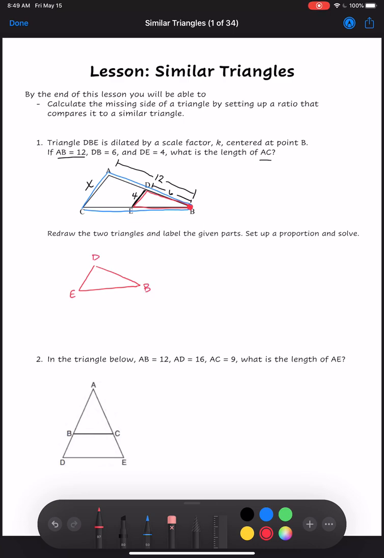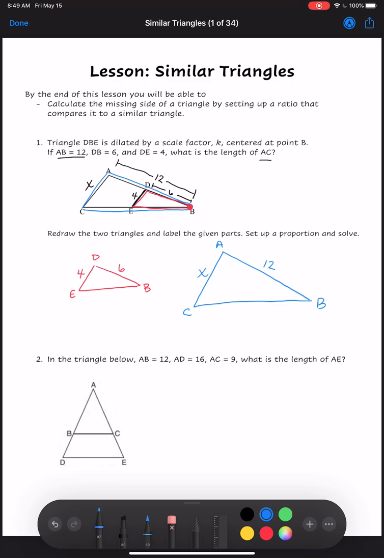We know that DE is 4 and DB is 6. Then we have triangle ABC, that's a little bit bigger. It doesn't have to be perfect, but along the lines of what we're seeing in the overlapping triangle diagram. And we know that AB is equal to 12 and AC is equal to X, because that's what we don't know.